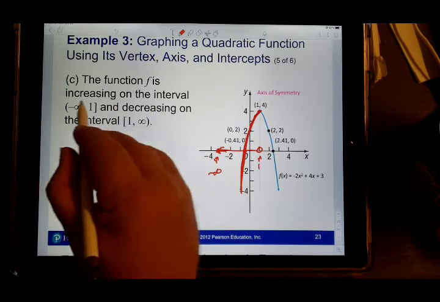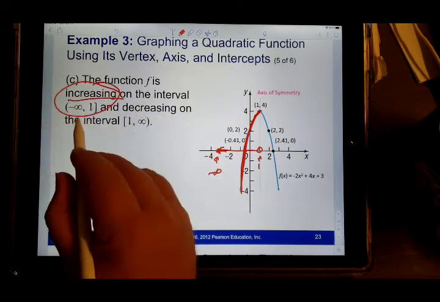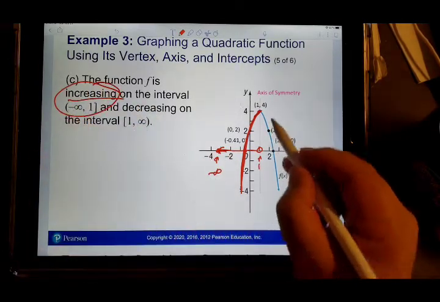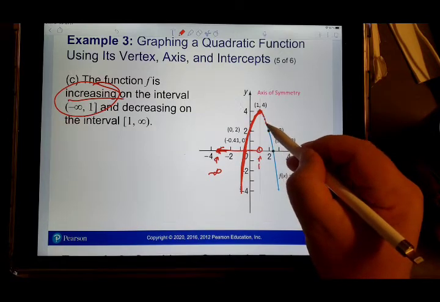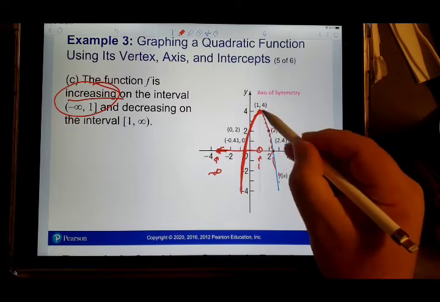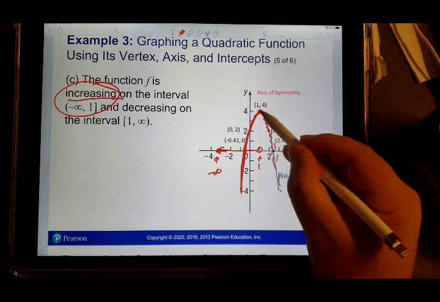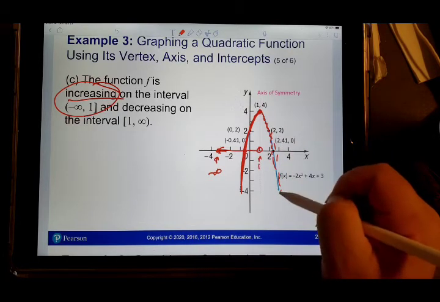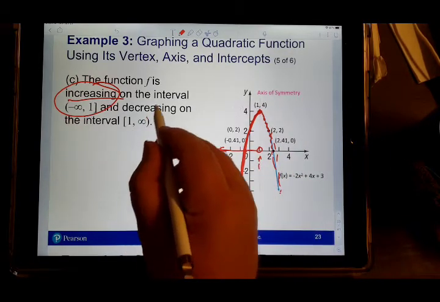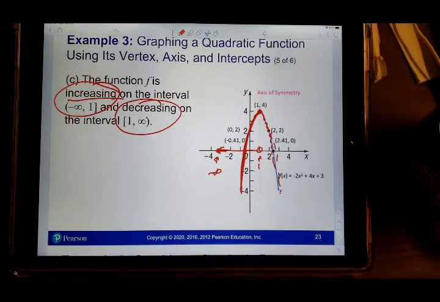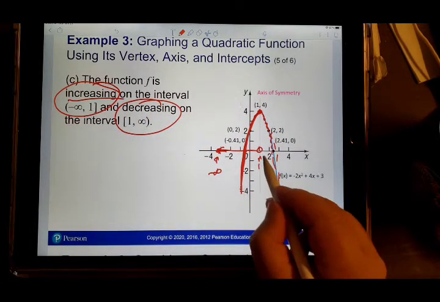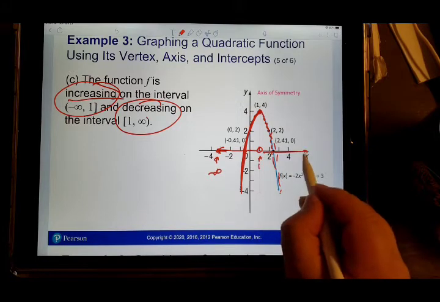Where is it decreasing? Well, it starts decreasing here at 1, and then it keeps on decreasing forever, so we would say it's decreasing on the interval from 1 to infinity.